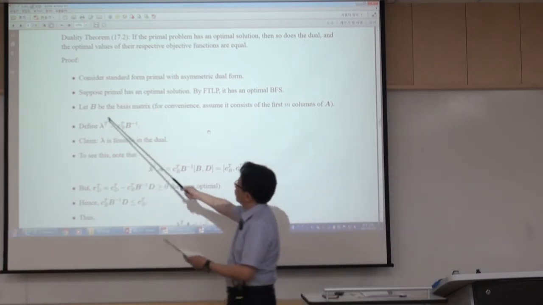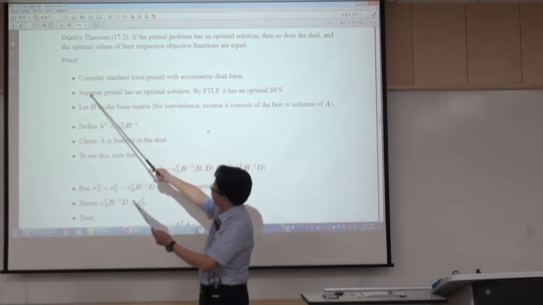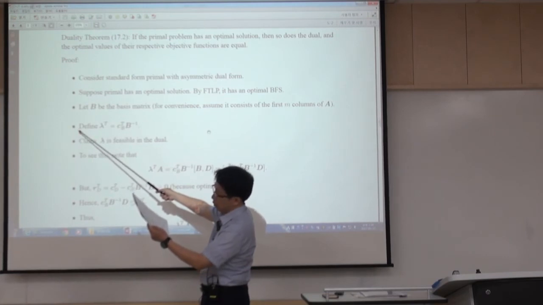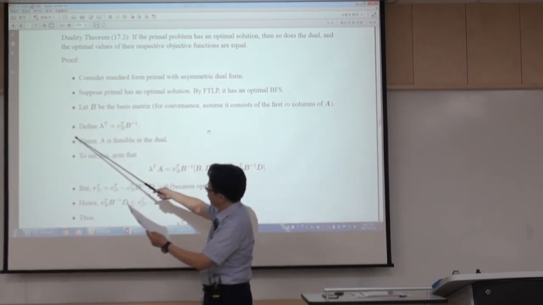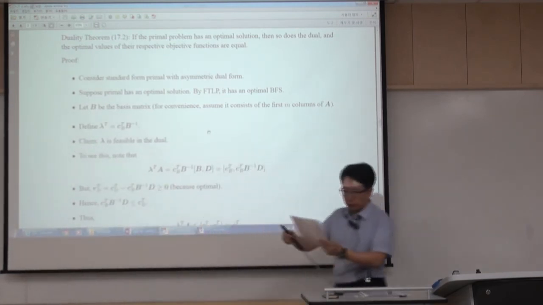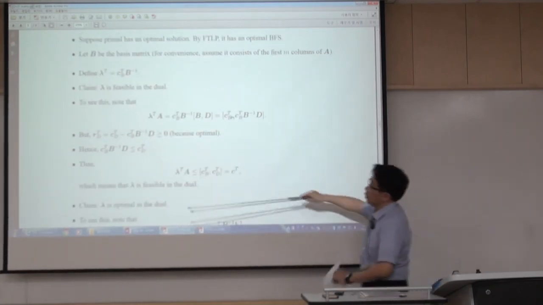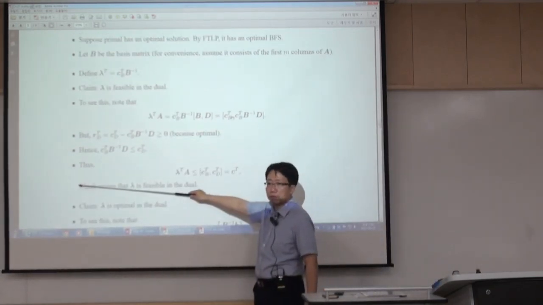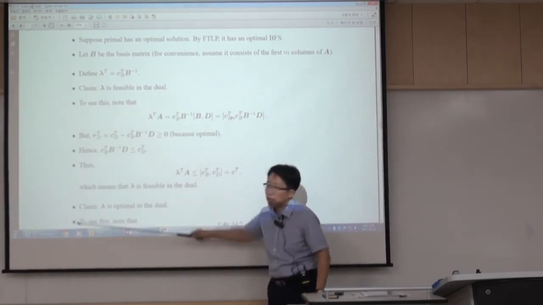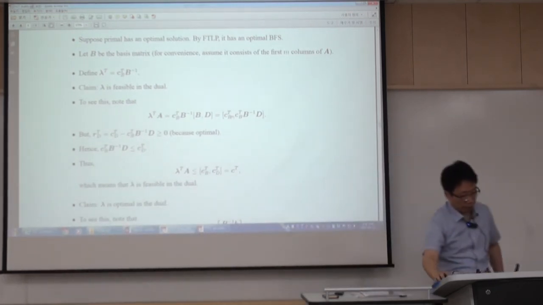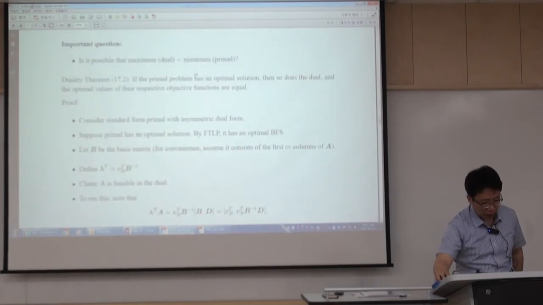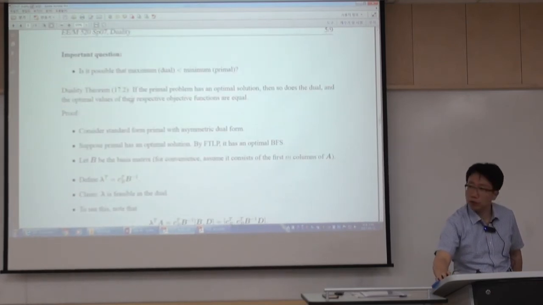From here to here, you have the first claim and proof, and then you have the second claim and proof, and that gives you the proof of this. Okay.